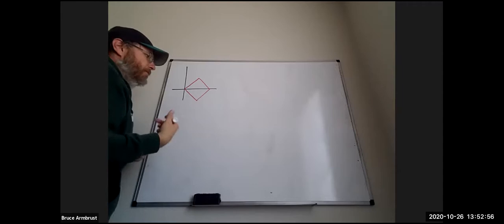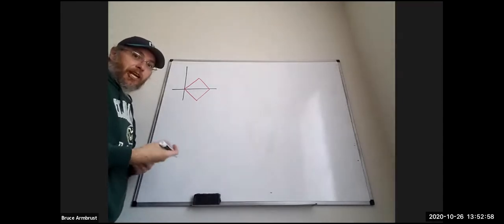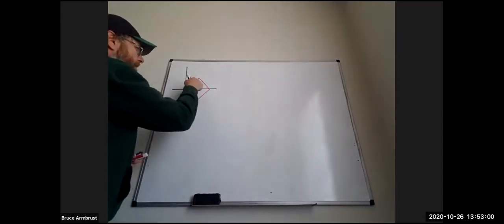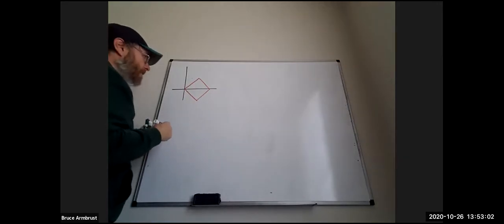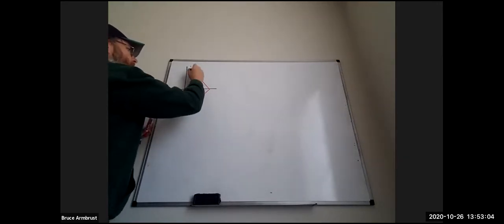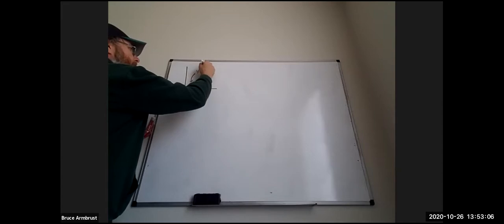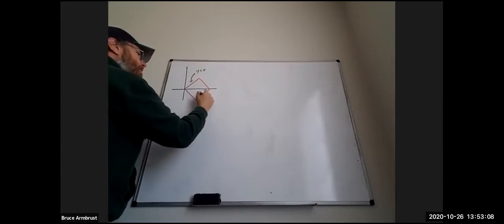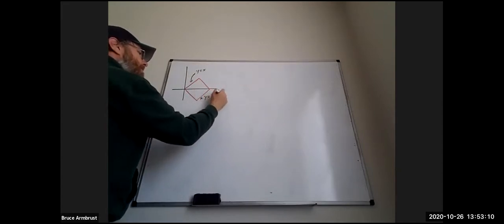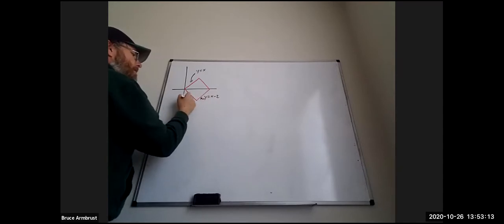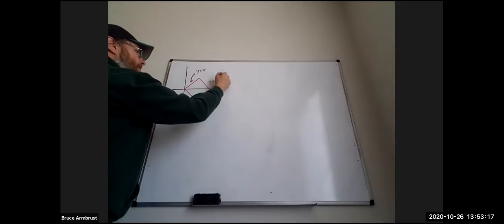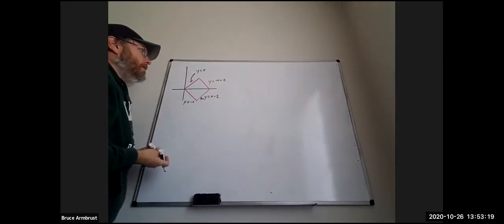We saw that a really good way to change this was to look at the equations of these different lines. So this one was y equals x. This one was y equals x minus 2. This one was y equals negative x, and this was y equals negative x plus 2.